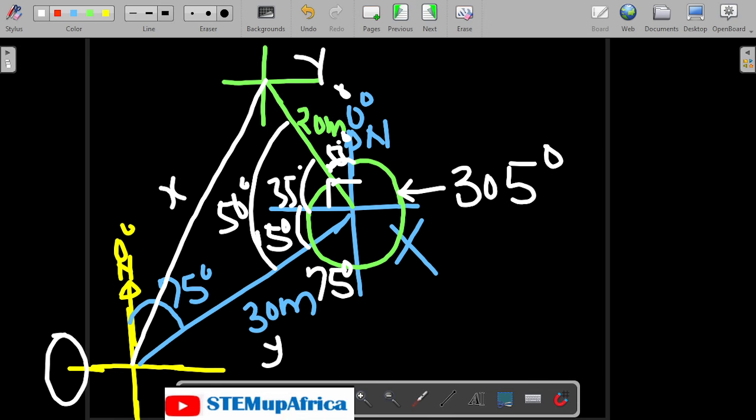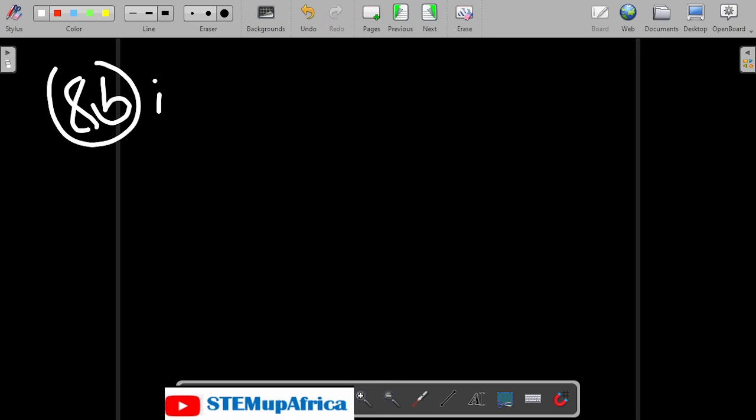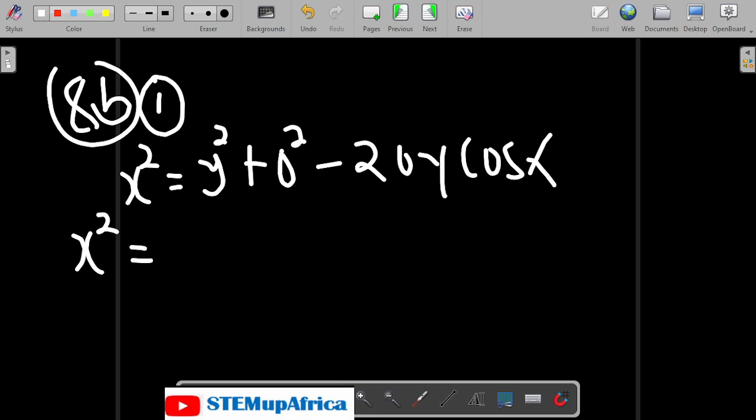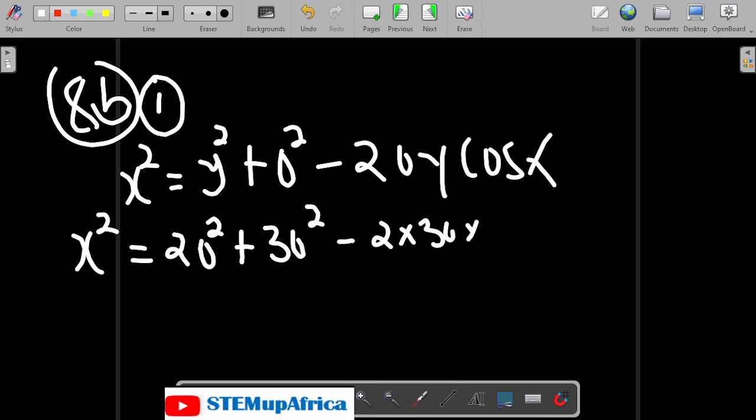So 8b, Roman figure 1. We have small x squared equals y squared plus o squared minus 2oy cos big X. So small x squared gives me 20 squared plus 30 squared minus 2 times 30 times 20 times cos 50 degrees.